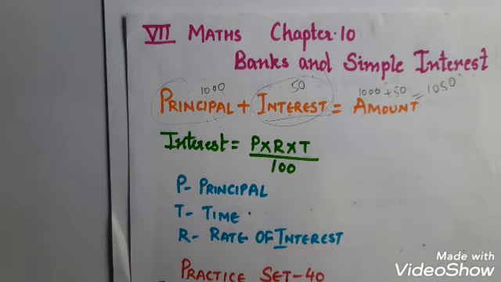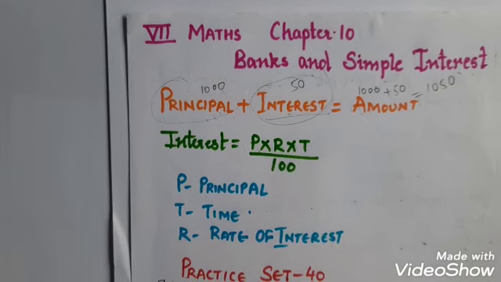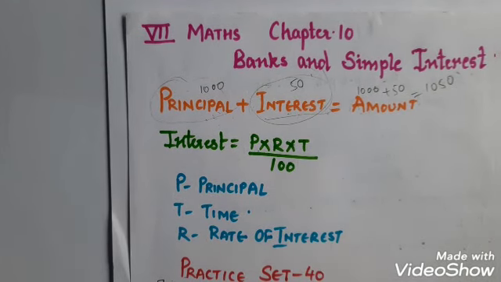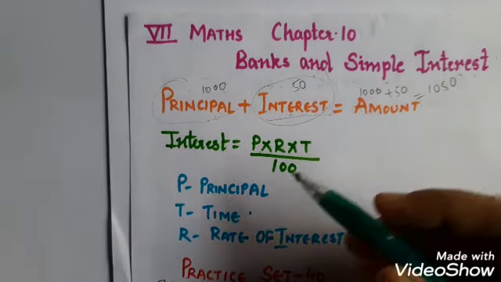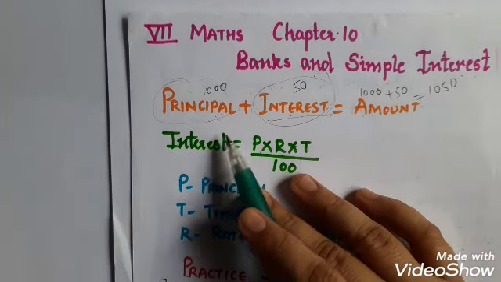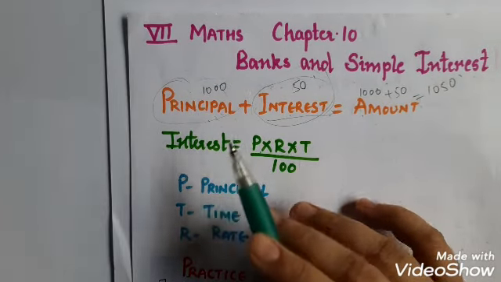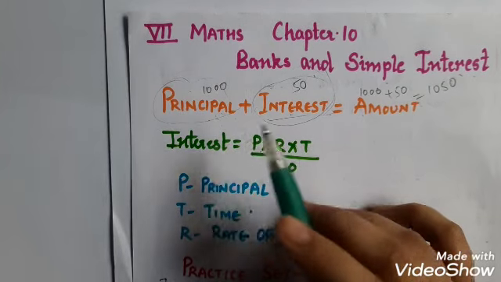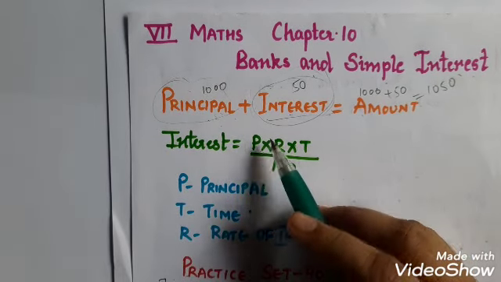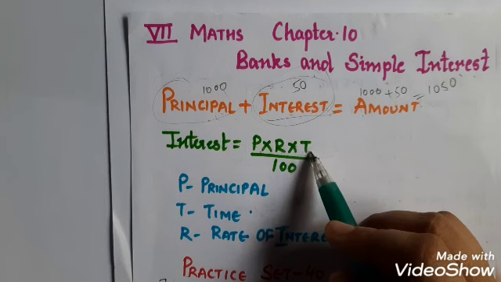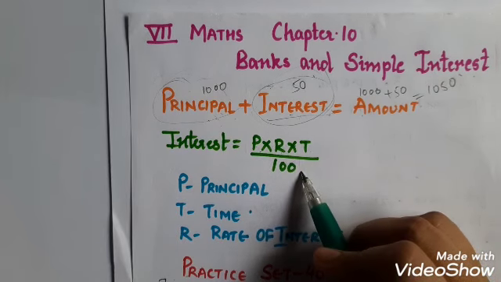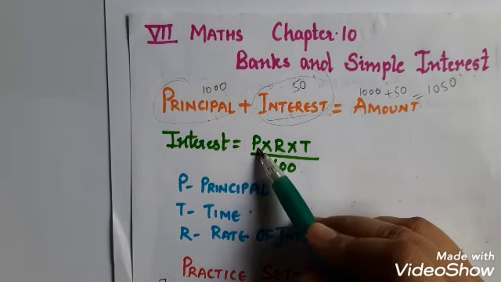Then next, suppose we have to find the interest for the given principal amount. The formula to find the interest is P multiplied by R multiplied by T upon 100. Now what is P?